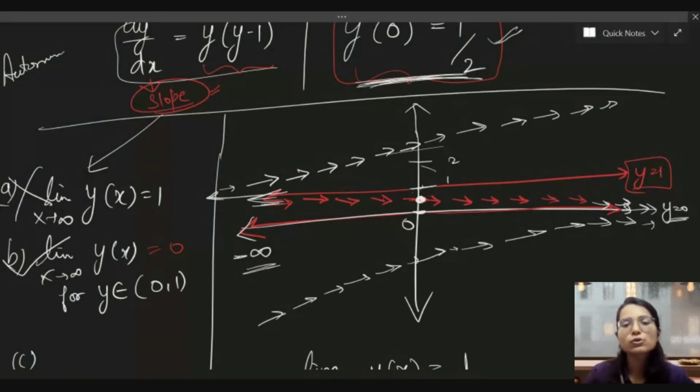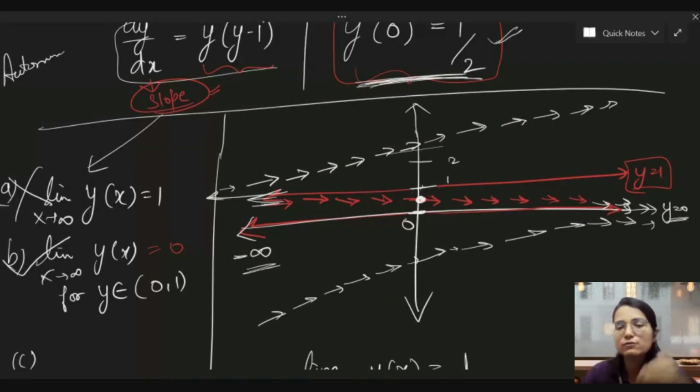So the only solutions we are concerned about in this question are those where y lies from 0 to 1. So these red arrows are the behavior of the solution that we are concerned about.